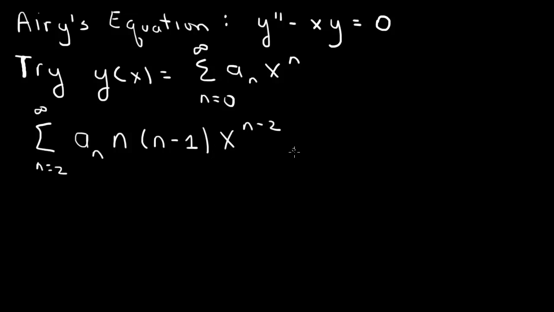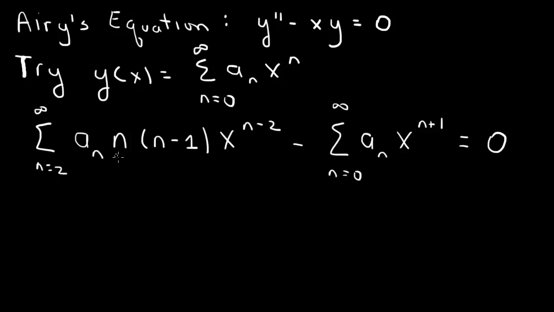So that would be the second derivative, minus x times y, so minus the sum from n equals 0 to infinity of a sub n x to the n plus 1, and that's x times y, and that's equal to 0.